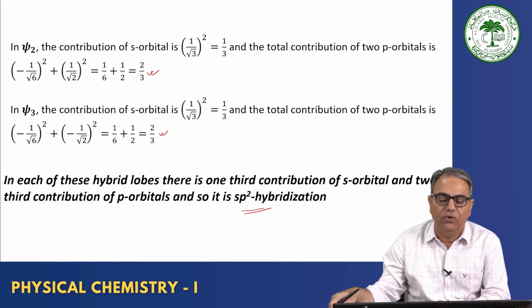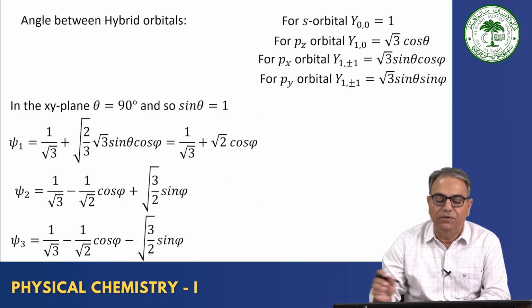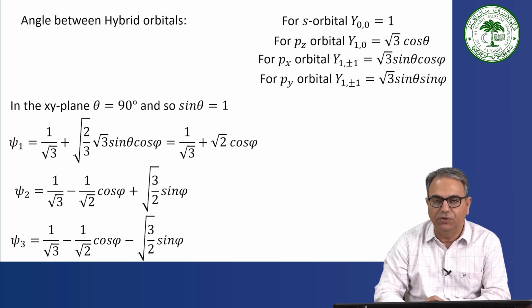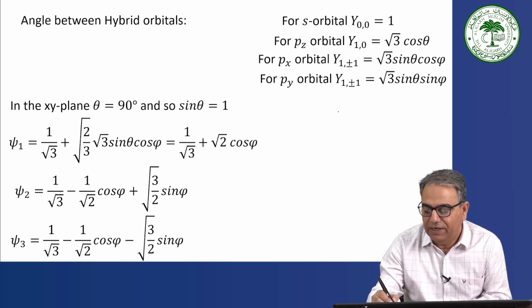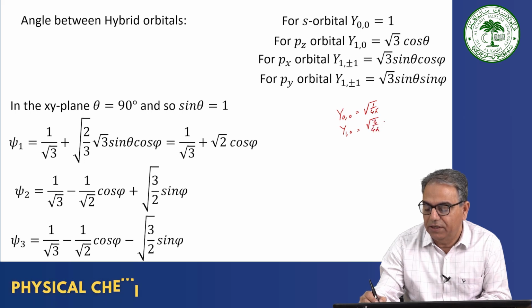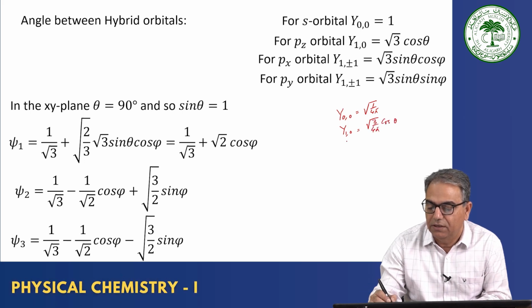And for knowing the quantitative value of the angle, what we use is the actual wave functions, the spherical harmonics. The angular part of the wave functions of the hydrogen atom we use. And if you remember, Y00 was actually root under 1 divided by 4 pi. Y10 was actually root under 3 divided by 4 pi cos theta.